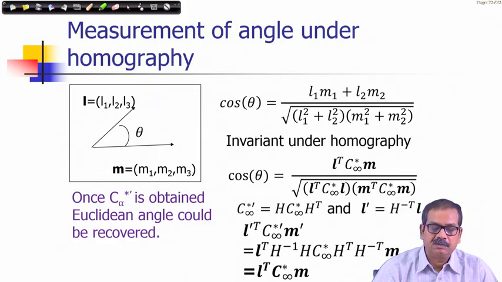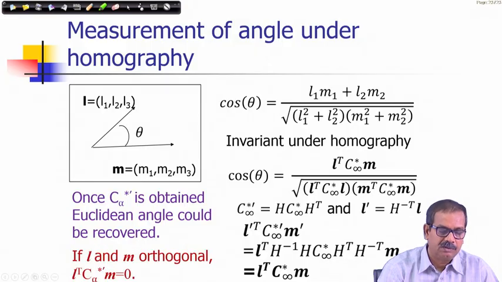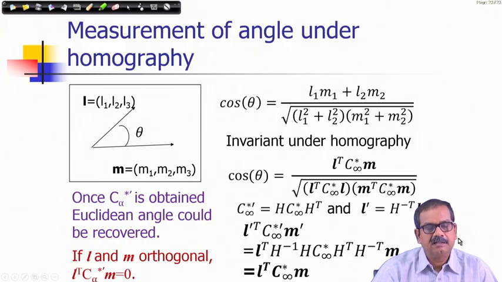Suppose there are two perpendicular lines in the original space; even after transformation under homography they will not remain perpendicular, but this relationship will still remain, and as you know, the cosine of the angle between perpendicular lines is equal to 0. So, we can always say this orthogonality property of two lines is preserved using the dual line conic at infinity in the transformed space.